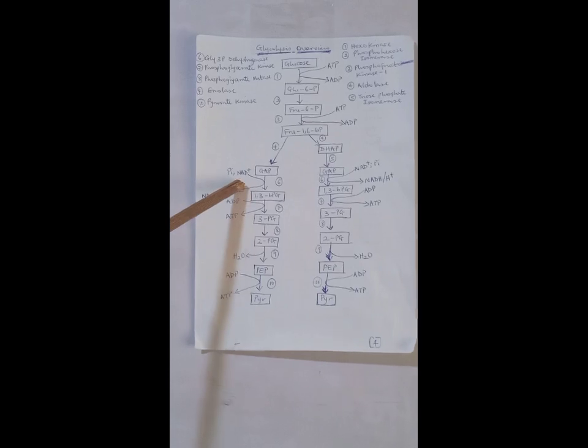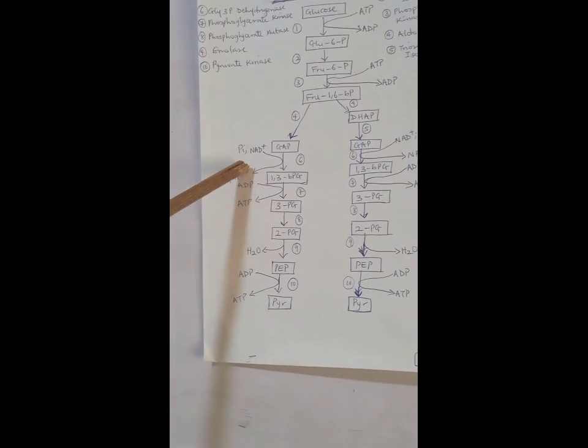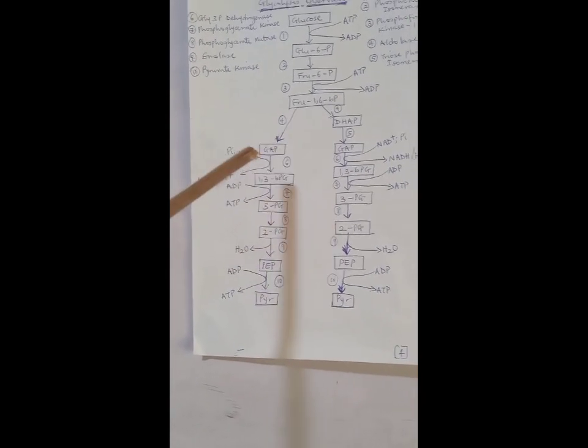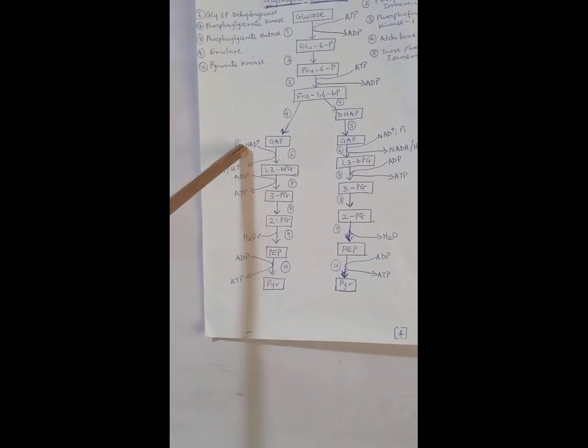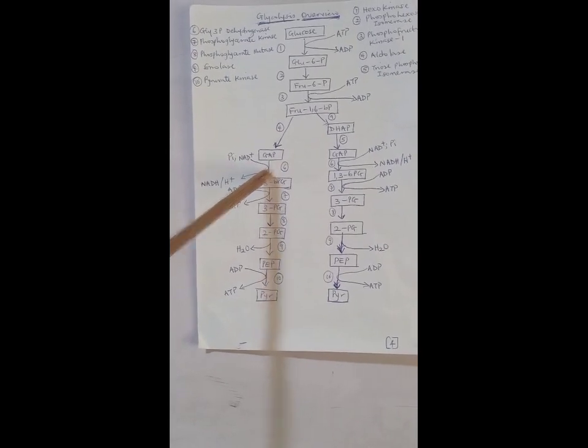Now, let's look closely at step 6. Step 6 is catalyzed by the enzyme glyceraldehyde 3-phosphate dehydrogenase, which uses the coenzyme in its oxidized form, NAD+. NAD+ is reduced to NADH, and inorganic phosphate is introduced at this point.